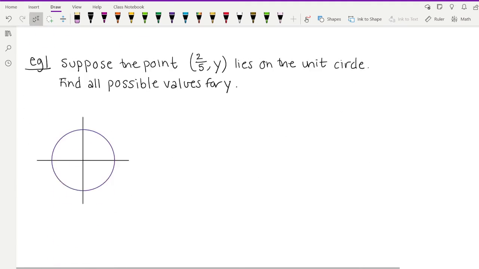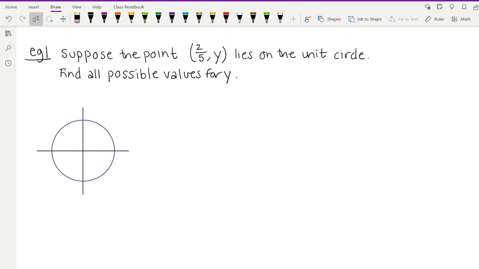Okay, so let's do another question, kind of like the last few we did. So this time, instead of testing whether a particular point lies on the unit circle, we're told that a point lies on the unit circle, but we're not told what the y coordinate is. And so we need to figure out what the y coordinate could be in order to make this point lie on the unit circle.